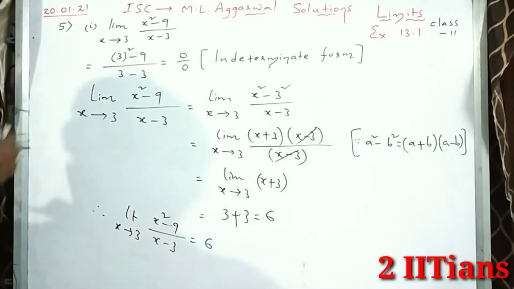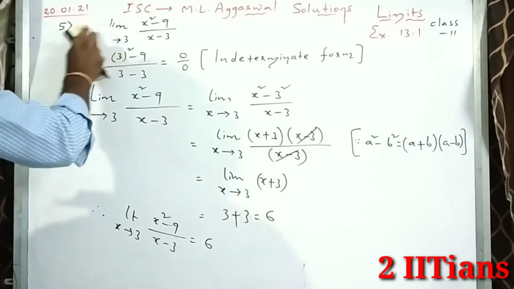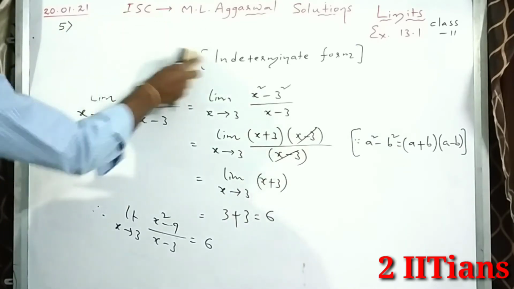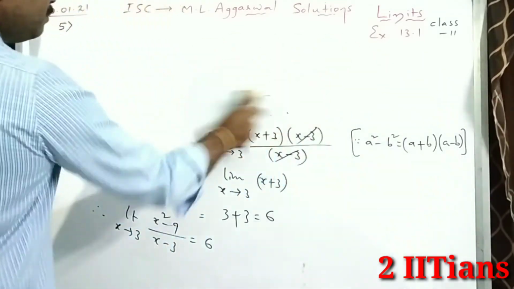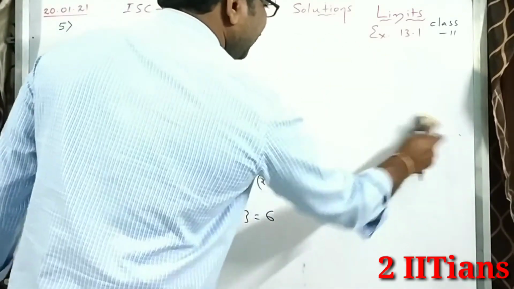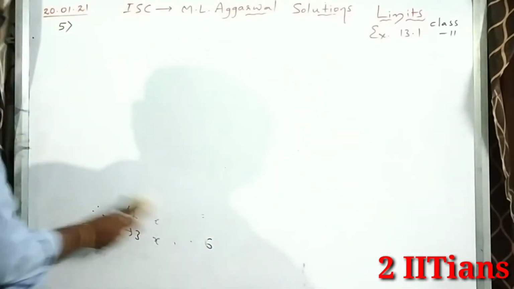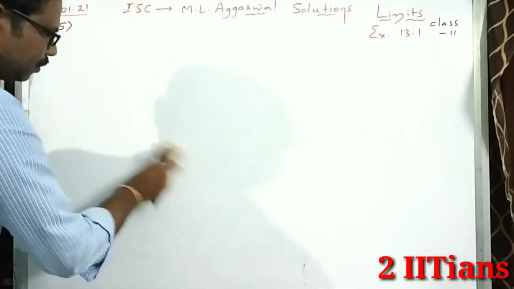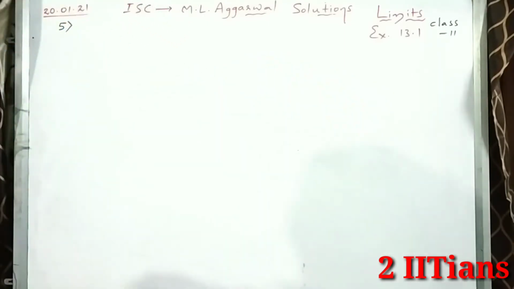That is the first question. Let us see the second question. What do you call 0 by 0 form? Indeterminate form. When we get indeterminate form, we have to go for another procedure.